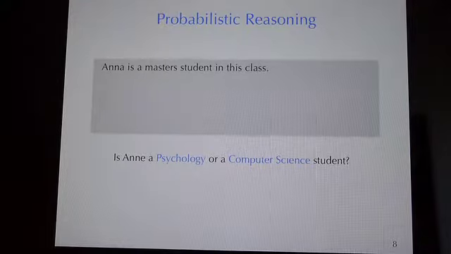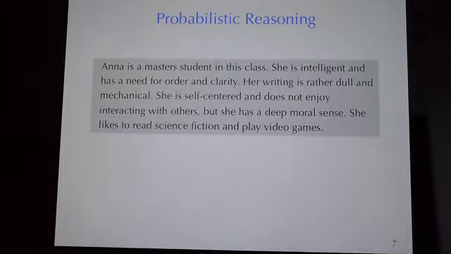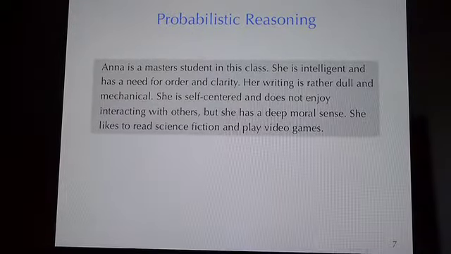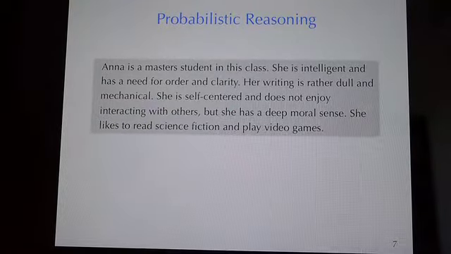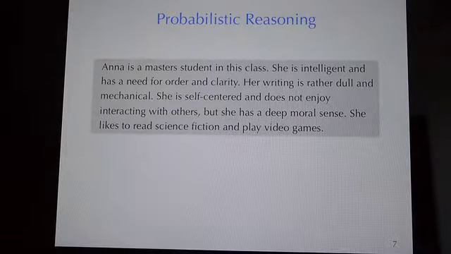This is a very important thing to think about, because in the previous case, when I give you a long description, you basically are trying to match this description with a stereotypical description of, say, a computer science student, as opposed to a stereotypical description of a psychology student, and you might feel that this matches the computer science stereotype better than the psychology stereotype.